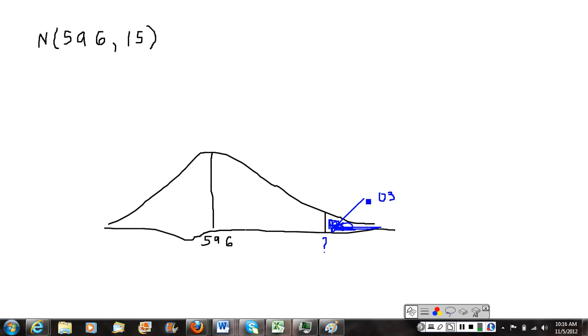If we already know the area we're looking for, and we want to find the value on the horizontal axis, the calculator command that can give us that is inverse norm. So that's what we're going to do, and you would want to write that somewhere on your paper too, to say we're going to use the calculator command inverse norm.